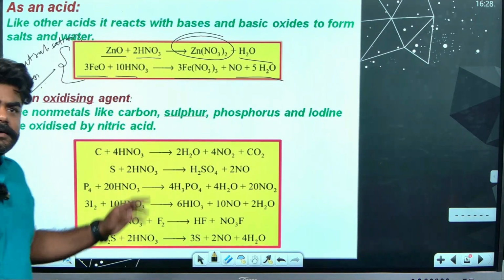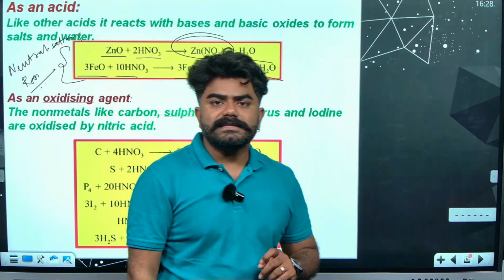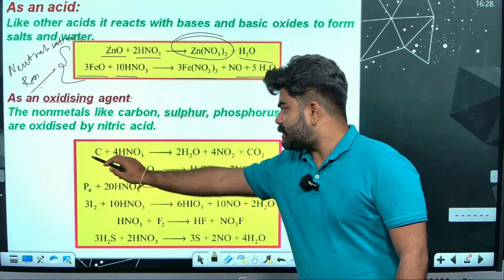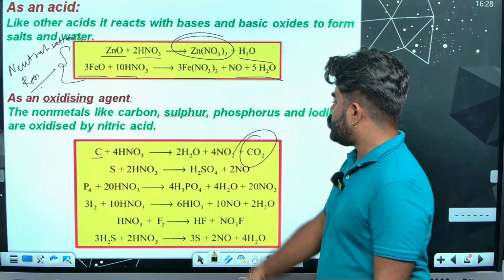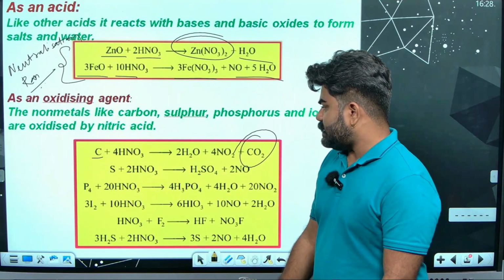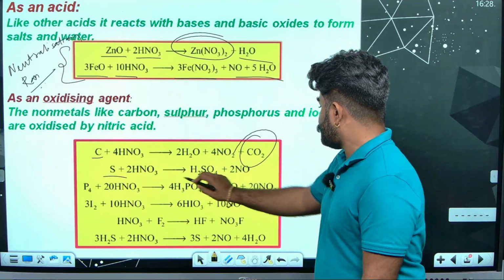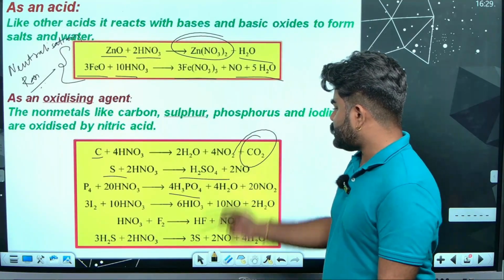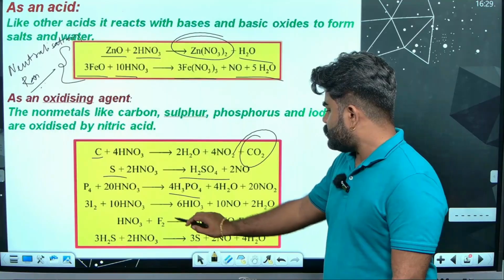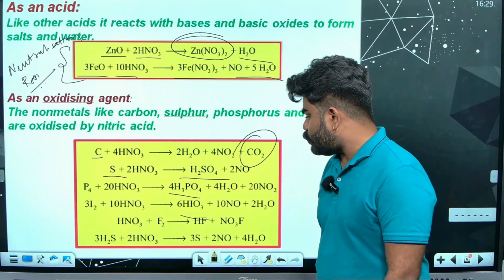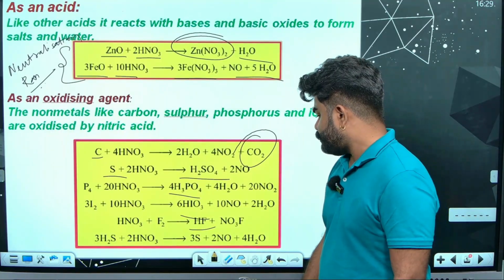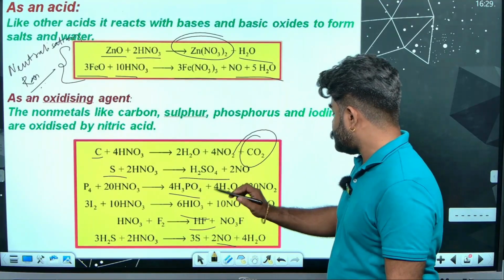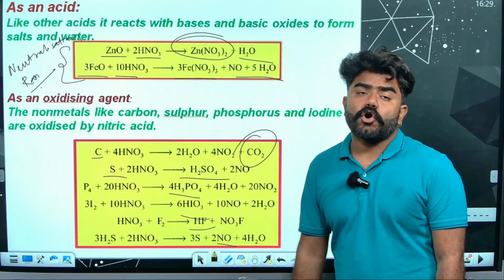And we already learned that nitric acid acts as an oxidizing agent as well. So with non-metals, you see nitric acid, carbon oda pota enna form agudhu, carbon dioxide form agudhu. So it is an oxidizing agent here. Sulfur oda pota sulfuric acid form agudhu. Phosphorus oda pota phosphoric acid form agudhu. Iodine oda pota periodic acid form agudhu. Fluorine oda pota HF form பண்ணுது. Okay, then H2S oda pota it forms NO, nitric oxide.